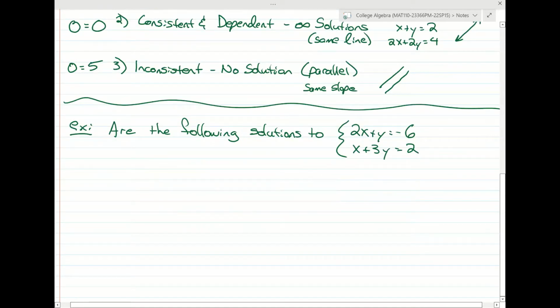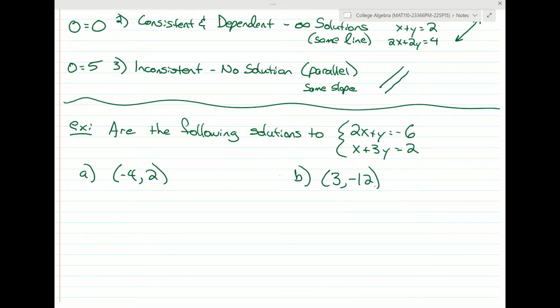So let's say first example would be -4, 2. Second example would be 3, -12. And remember what we said a solution means. Solution just means that it satisfies both equations, meaning that it makes it make sense. So for this first one, -4, 2, we'll plug in -4 for x, 2 for y.